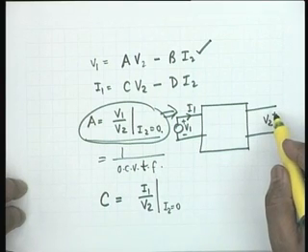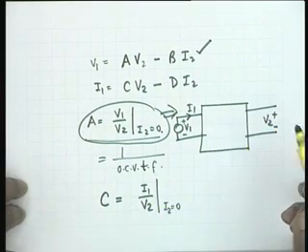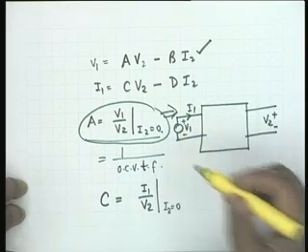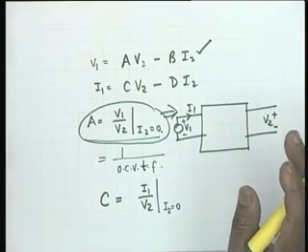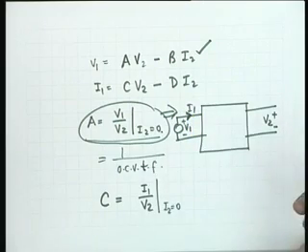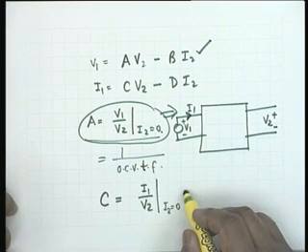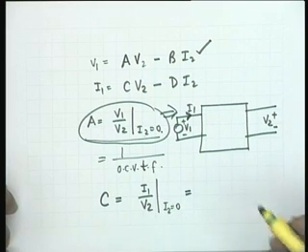But this time the excitation is I1, the current. So, we will connect a current generator here, or we can also connect a voltage generator, that is not a problem. What you have to find out is I1 and V2 and this ratio.